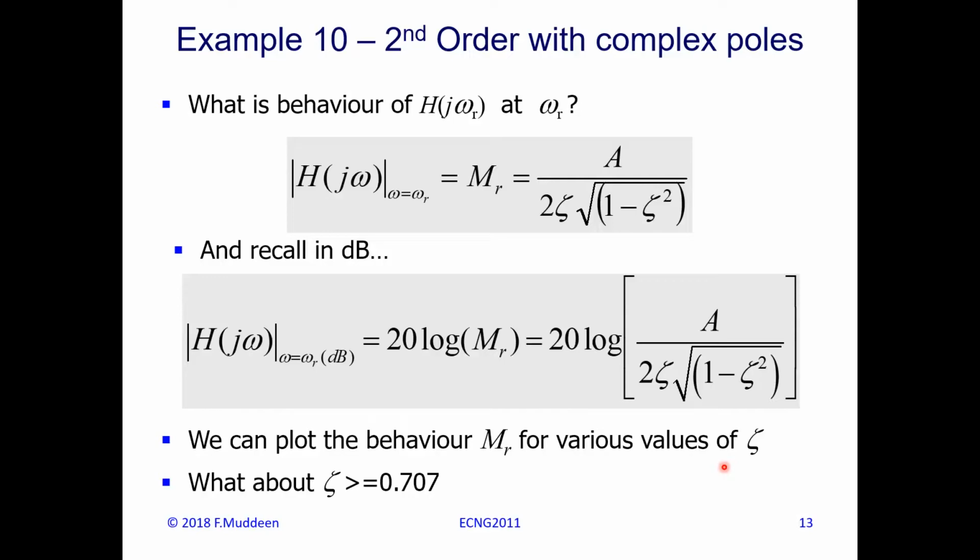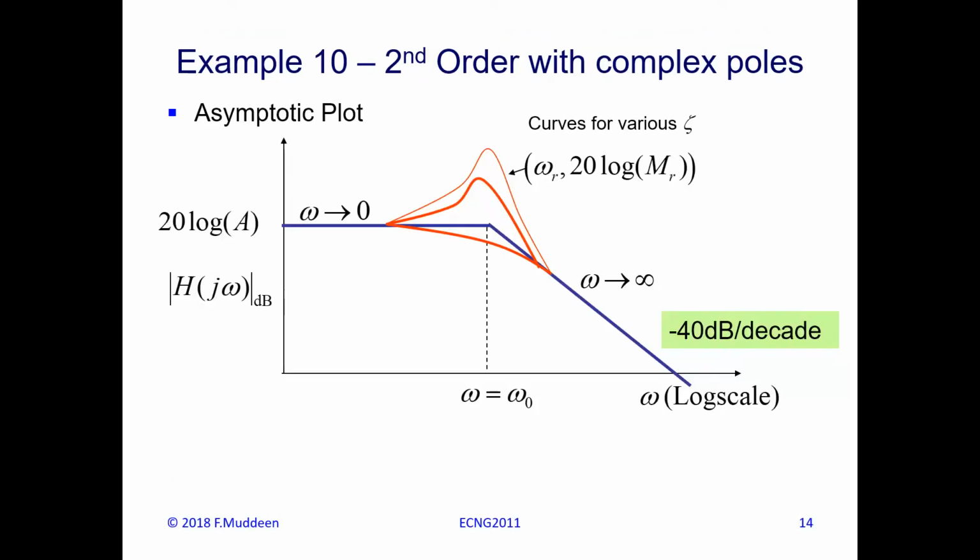So what happens in particular when we start to change the value of our damping factor here is that when we hit the cutoff frequency, we're going to have a different graphical view of what the magnitude plot is going to look like.